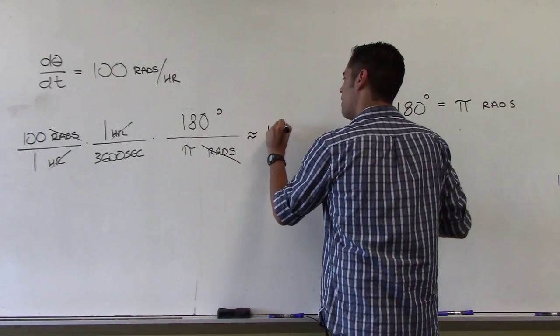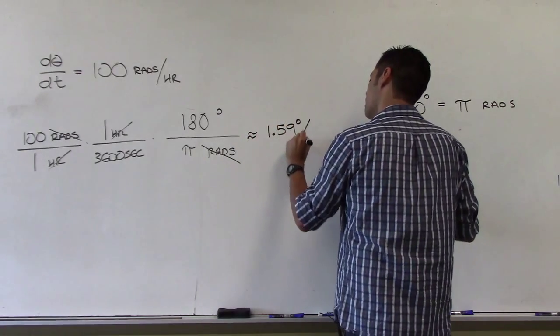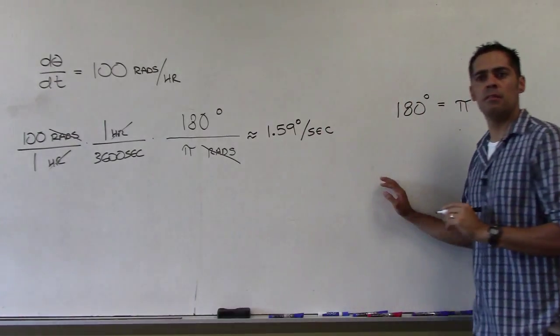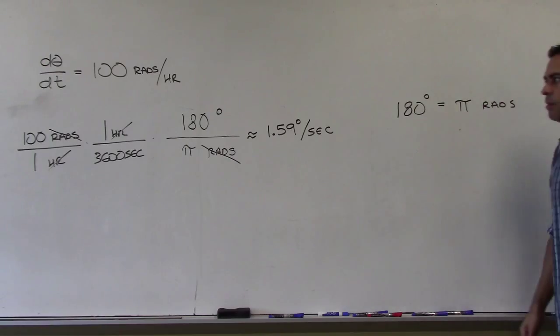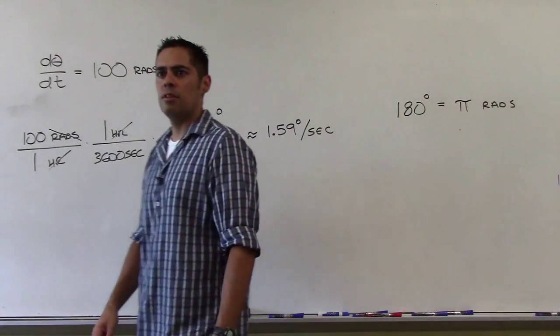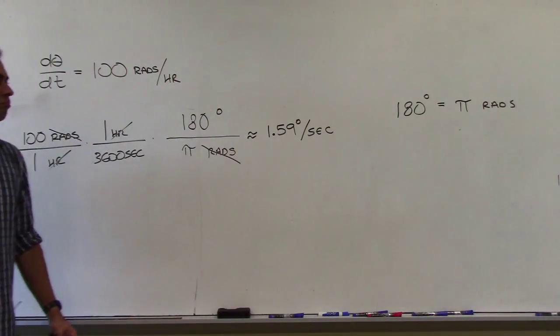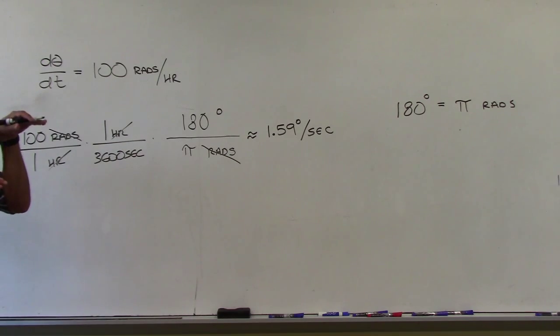Approximately 1.59 degrees per second. Anyone else get 1.59? Yes? Okay, 2 people got it. We'll say that's good. 1.59 degrees per second. You kind of have an idea of what that is, like 1 degree a second. It's not too fast, is it?